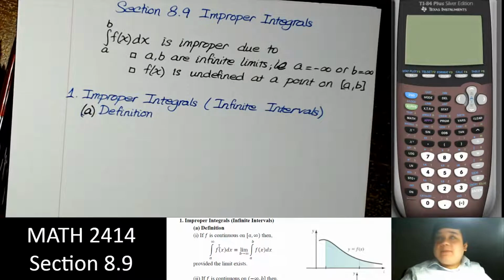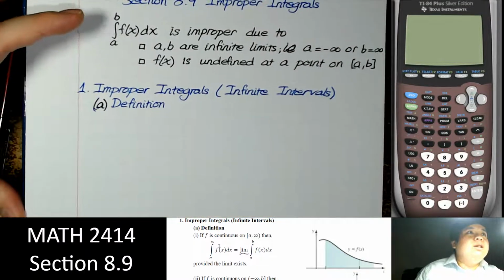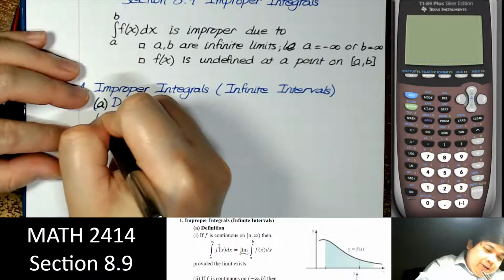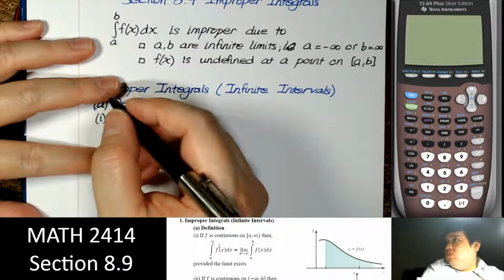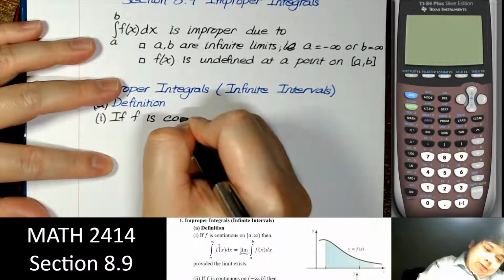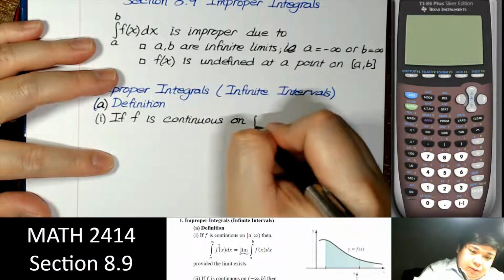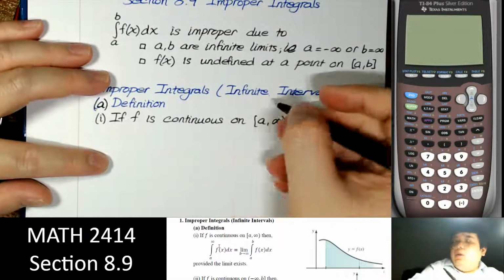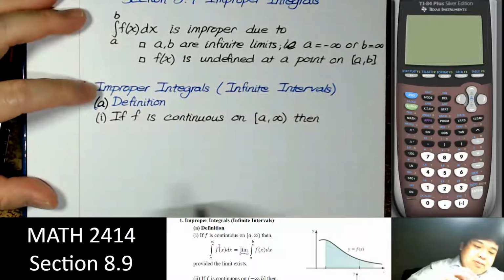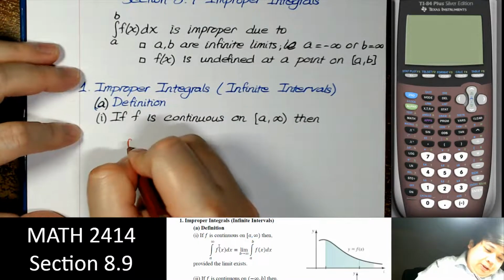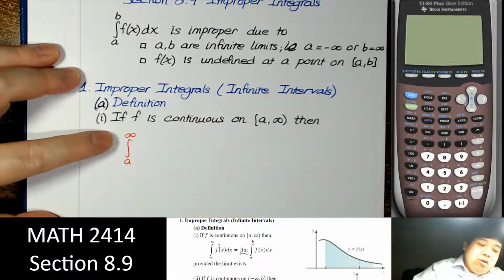Right, we continue. If the function is continuous on the interval from a to infinity, then in the integral from a to infinity, one of the limits is infinity, and that makes it improper.